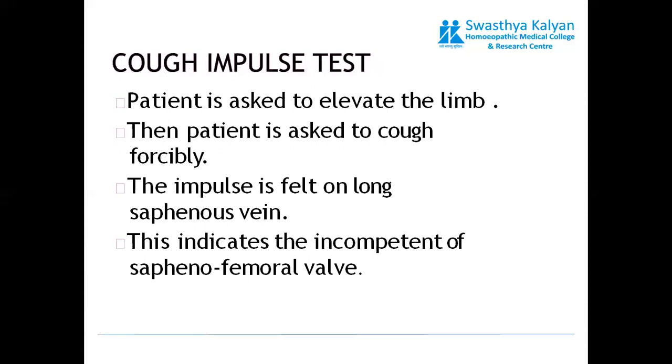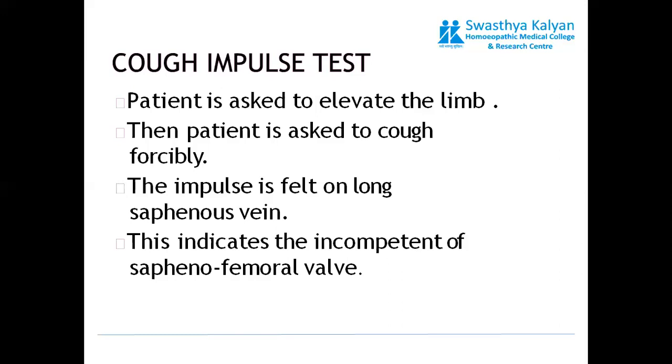Now, we have the cough impulse test. The patient is asked to elevate the limb, and then to cough forcibly. The impulse is felt on the long saphenous vein. This indicates the incompetency of the saphenofemoral valve.